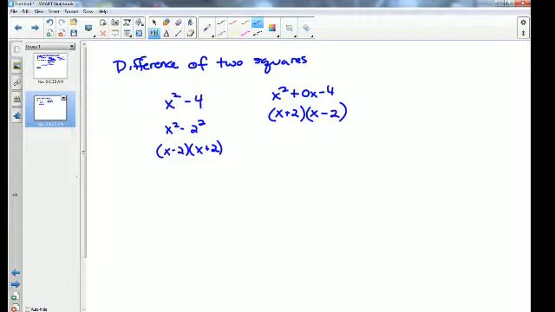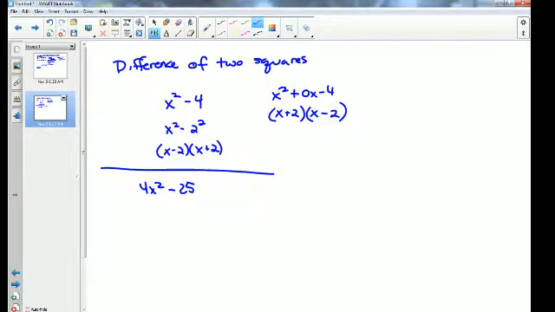Okay. So, very simple formula there, right? You can make it more complicated if necessary. Like I could write 4x squared minus 25. Is this still two squares? Yes.